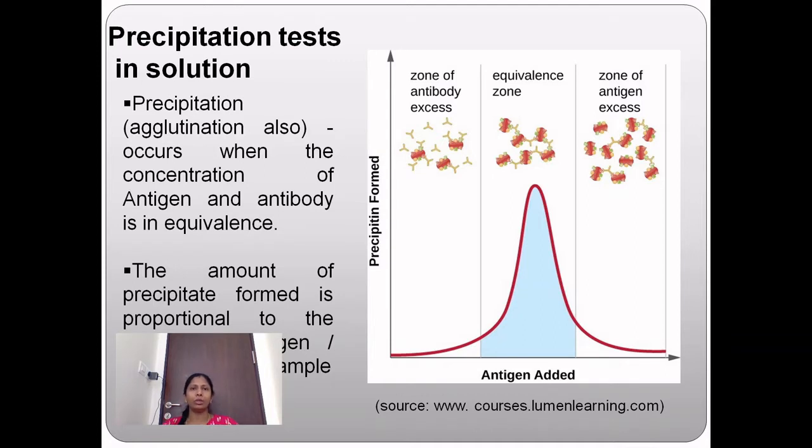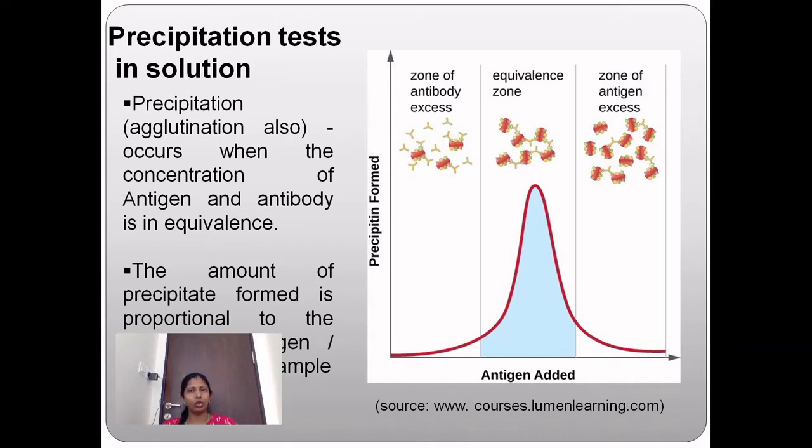Add increasing concentrations of the antibodies to these tubes and allow for precipitation to occur. In those tubes where the antibodies are in excess to the concentration of antigens, precipitation does not occur because cross-linking of antigens and antibodies does not take place.